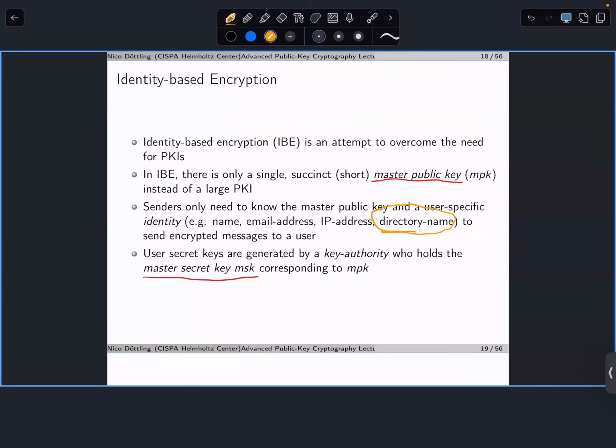And you can also craft other use cases, but the idea that every internet user relies on the same key authority to keep the master secret key a secret is a bit wild, right? And that's why this notion of identity-based encryption, you might not have heard of this before or hear about this notion today for the first time.